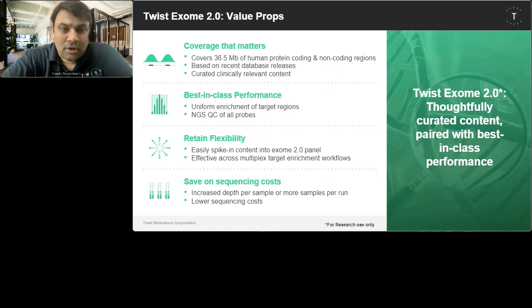It also has the flexibility that we offer, where you need not necessarily restrict yourself to the content that we provide. You can always add more content as a spike-in to the exome for meeting your research needs. At the same time, its performance is effective across multiple multiplexing strategies and target enrichment workflows.